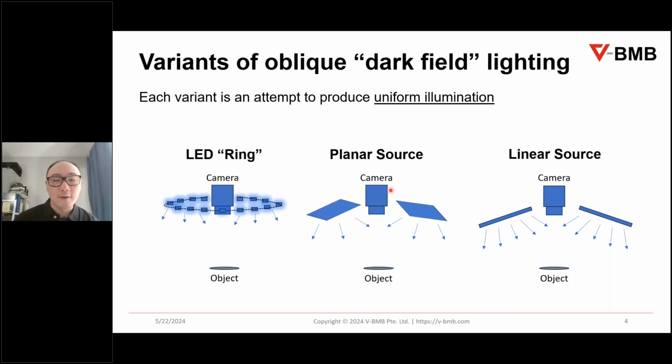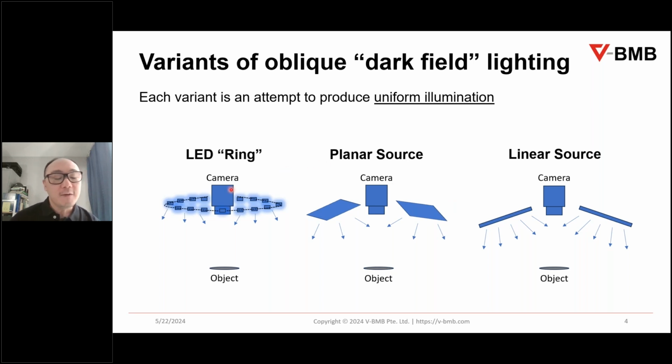You can put 4, 1, 2, back behind the camera, in front of the camera as well. A linear source will be maybe 2 fluorescent tubes of the old-fashioned type. You can do that, or a string of LEDs in a line. So all of these are an attempt to homogenize the illumination on the object.